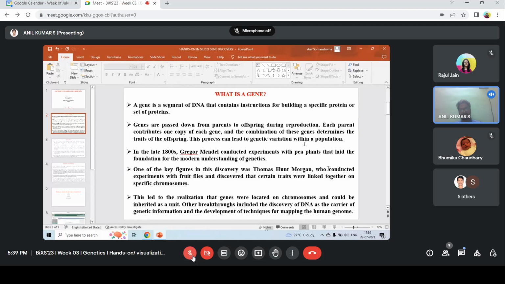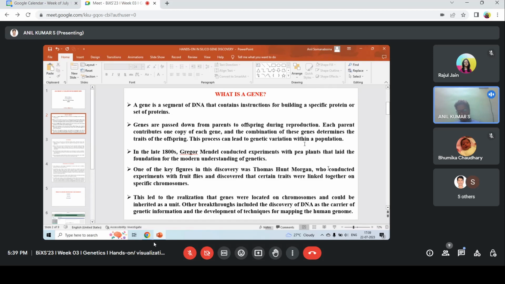And every time, only 50% of your genome will reach your next generation. So in your body, you have 50% of the genetic material or genes from your father, and the rest 50% from your mother.